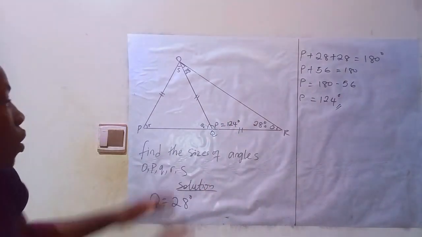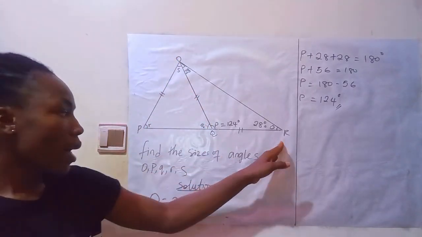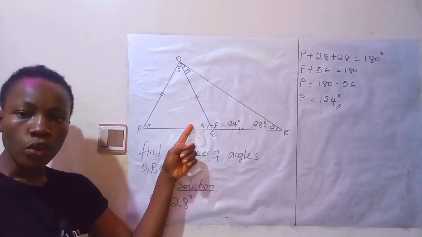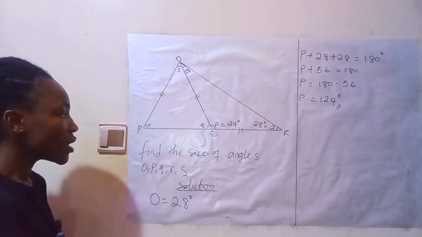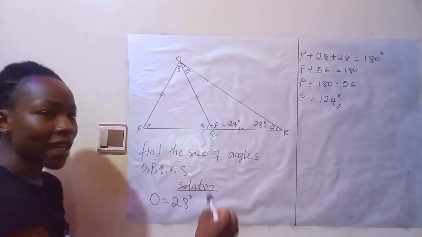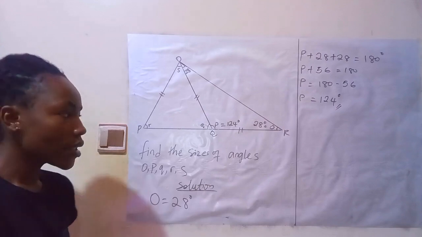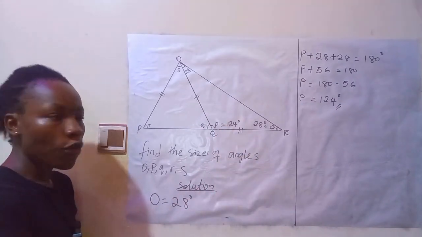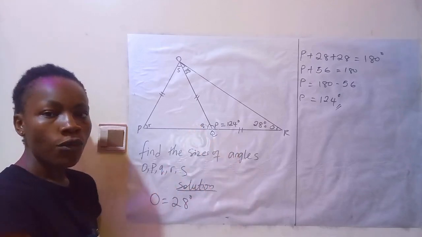Alright, now we are done with OQR. Now, finding the value of Q, we are going to use the sum of angles on a straight line. This is a straight line, and angle Q and P are on that line. So if you add Q to P, we are going to get 180. We have gotten our P as 124, so to get Q, we subtract 124 from 180.